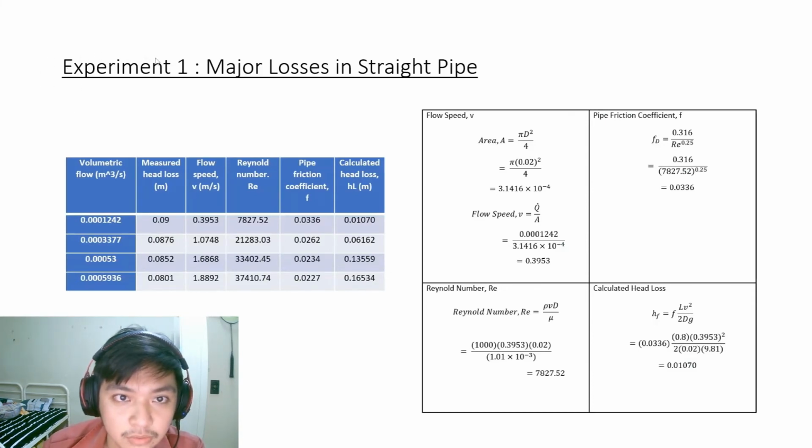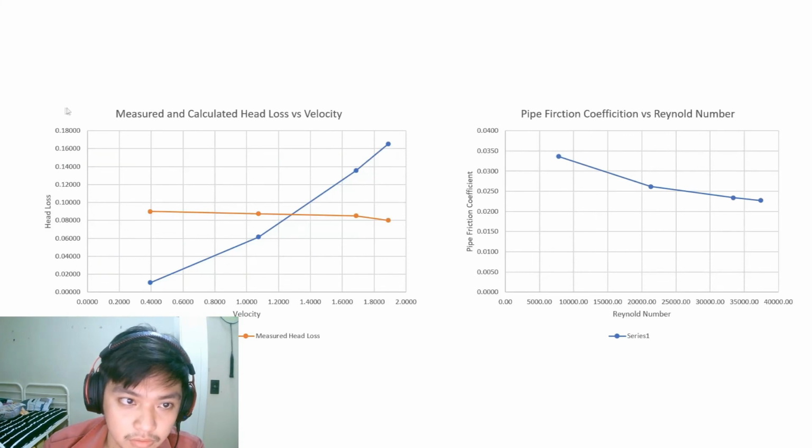For experiment 1, measure losses in the straight pipe. From the data given, we calculated the flow speed, pipe friction coefficient, Reynolds number, and calculated head loss. From the result, we managed to get the graph.